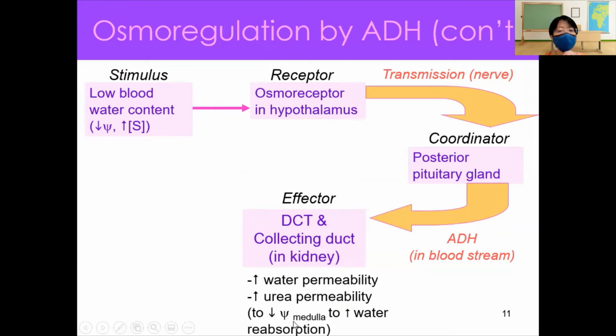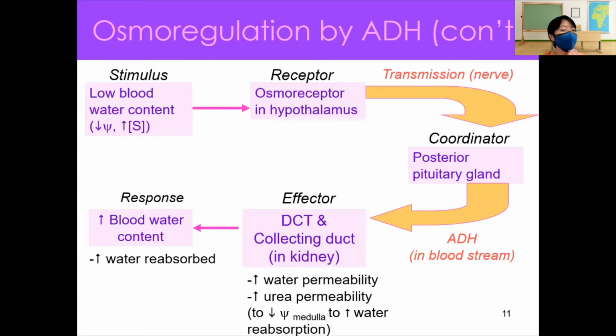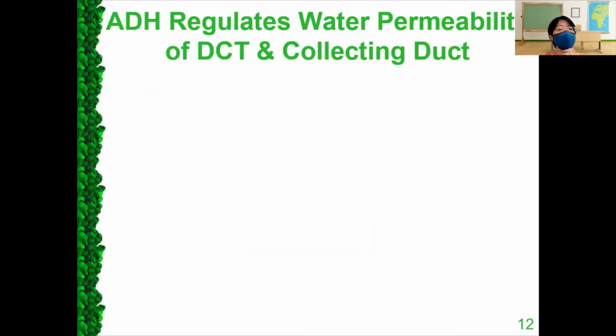Urea will reduce this to increase water reabsorption. So therefore, the response is there will be an increase in blood water content because we take the water back into the blood, by increasing water reabsorbed. So this is the entire stimulus response model that you want to use to explain this part. If you're familiar with stimulus response model, you can use this to explain. It becomes very crystal clear.